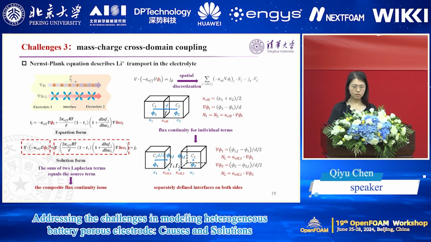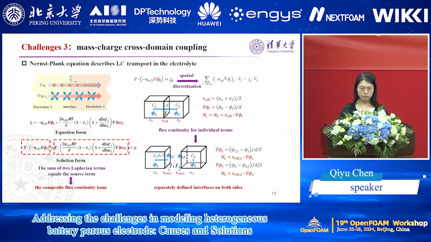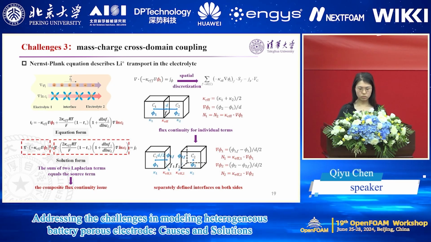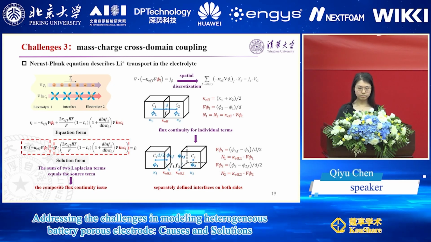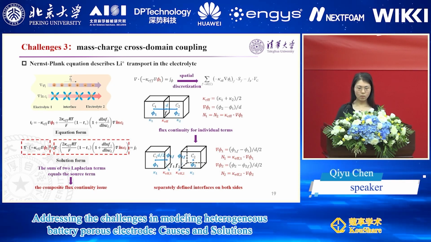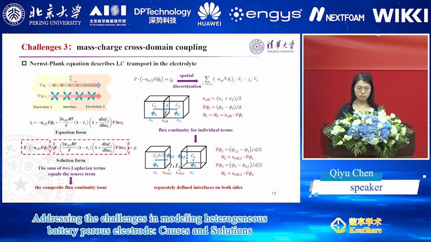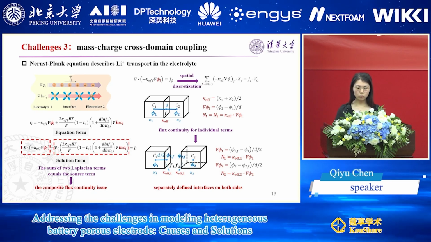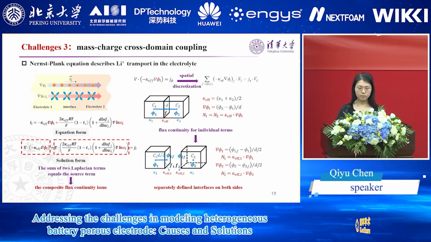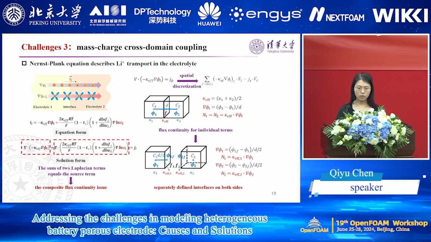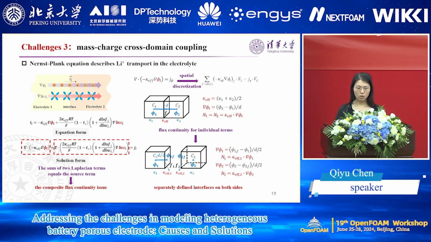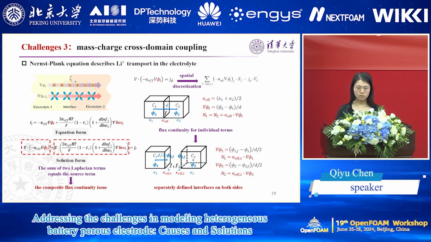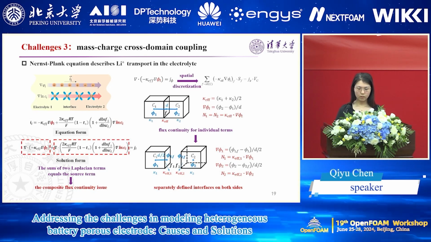The current on the right-hand side of the equation represents the source term for the liquid phase current within the electrolyte. This equation is structured as a sum of two Laplace terms equals a source term. During discretization, each term is discretized according to its corresponding physical quantity, yielding distinct sparse matrices.